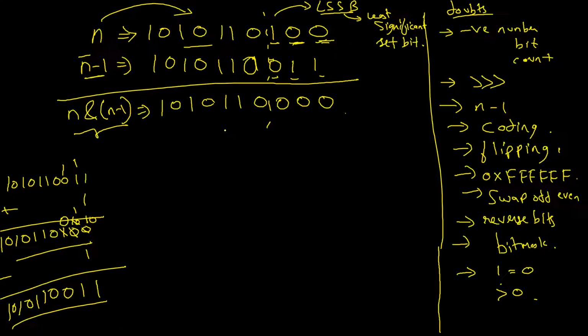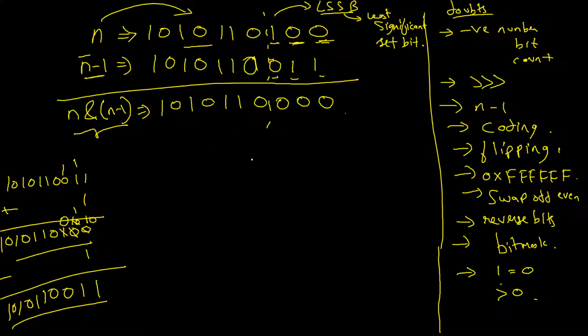So if someone asks a question, I'm giving you a value, bro. Can you unset the last set bit, the least significant set bit? What will you do, guys? No, don't XOR it with 1. Not the least significant bit, the least significant set bit you should be making 0.